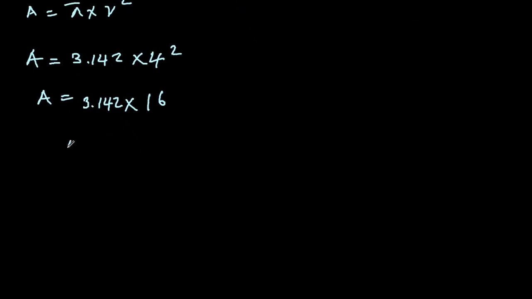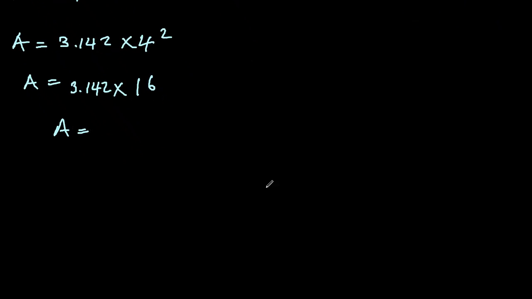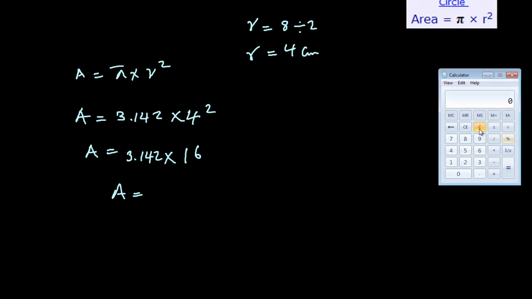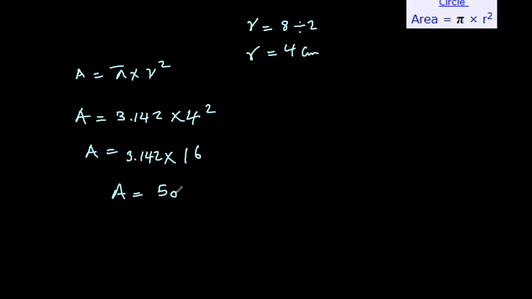When I multiply them together using my calculator, 3.142 multiplied by 16 should be approximately 50. It's 50.27, and I think it was 276.